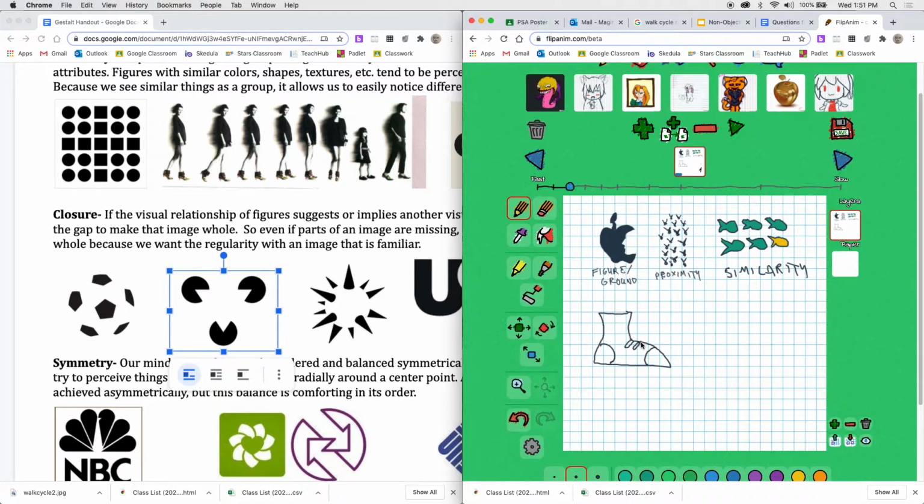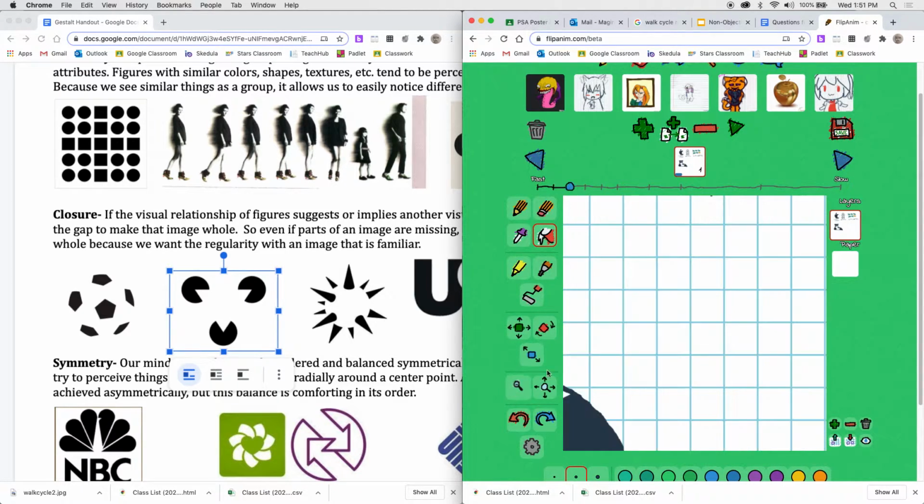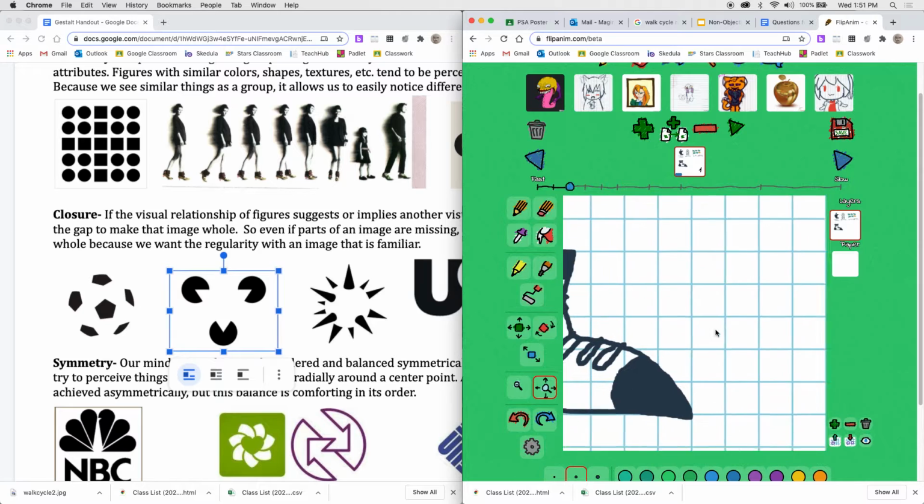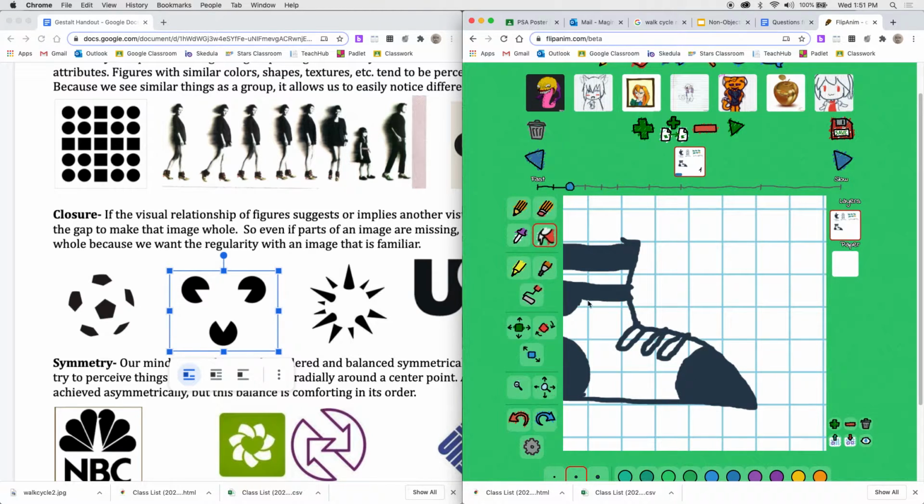In order to do closure, you have to have some solid shapes that can help you determine something about that object. So now I'm going to fill in those shapes. Let me zoom in and get a little closer on this. Sorry. I'm going to fill in those shapes.